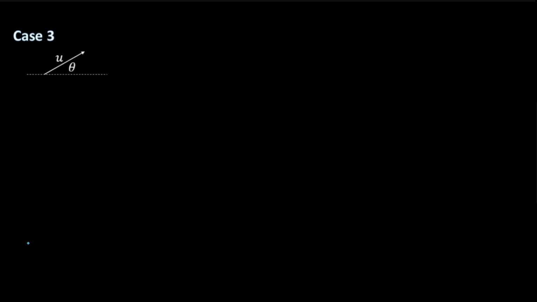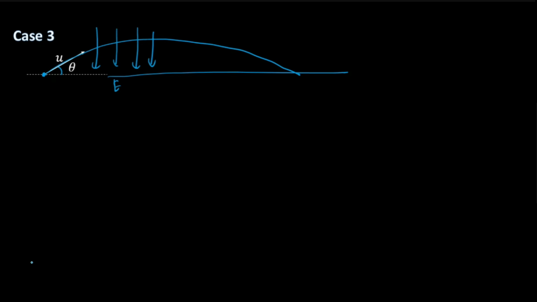The next case we have is if we throw that particle at an angle theta. Again, the electric field is supposed to be downwards. Then the particle would go like that, something we call a projectile.